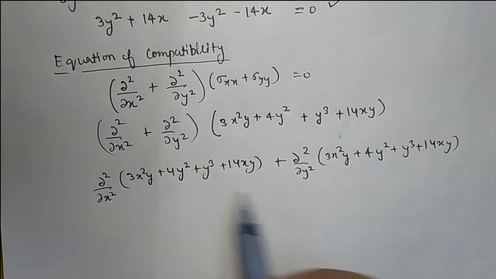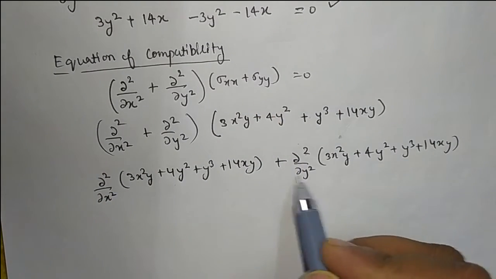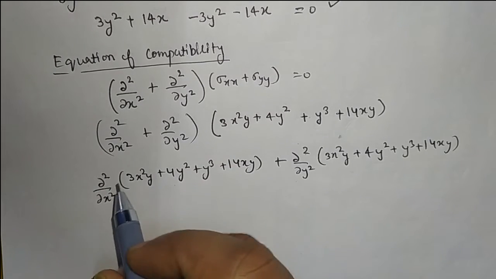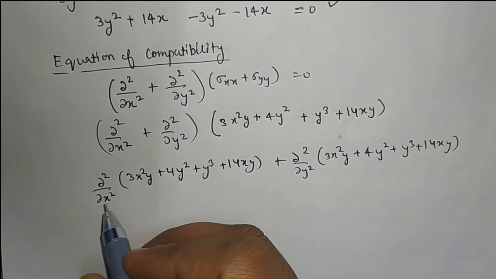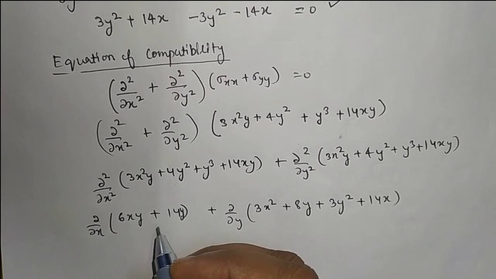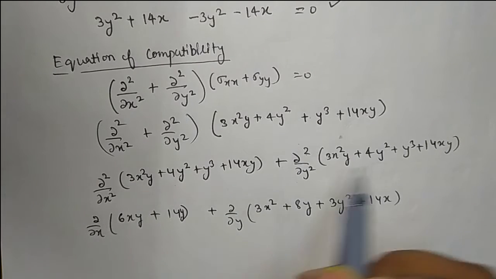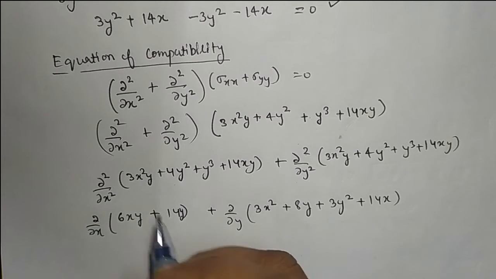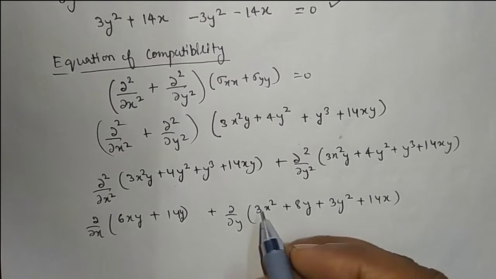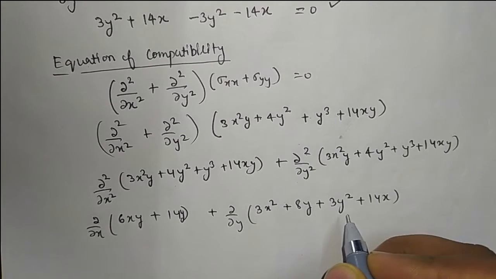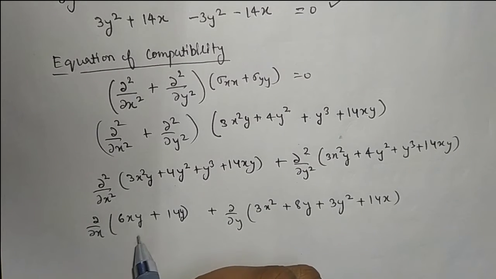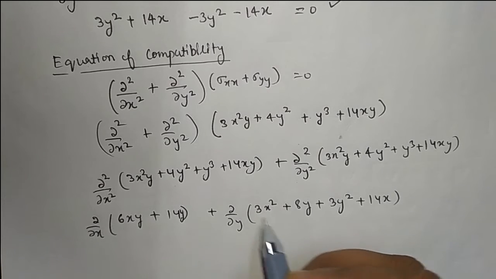This will be here, and this multiplied by this is given here. Now we have to solve this equation by differentiating partially with respect to x 2 times and here with respect to y. After differentiating the equations a single time, we will get 6xy plus 14y and 3x square plus 8y plus 3y square plus 14x. Now we have to again differentiate partially with respect to x here and y here.